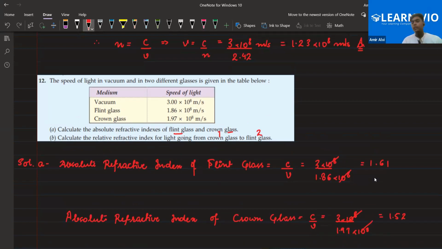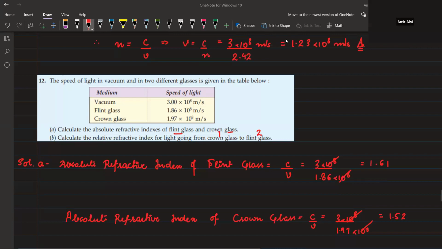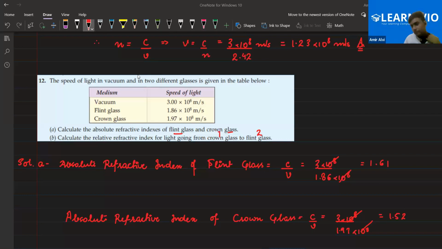Yes, flint will refract the light more because the refractive index is greater of the flint glass। Clear it? Yes. Clear everyone? Yes.